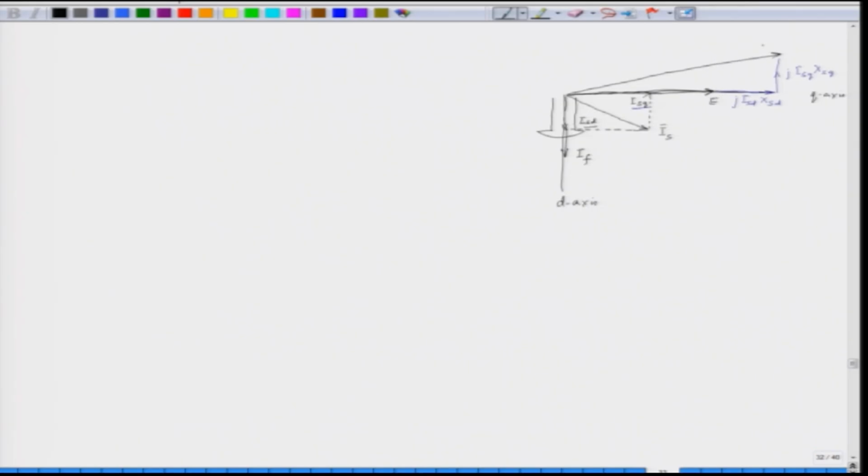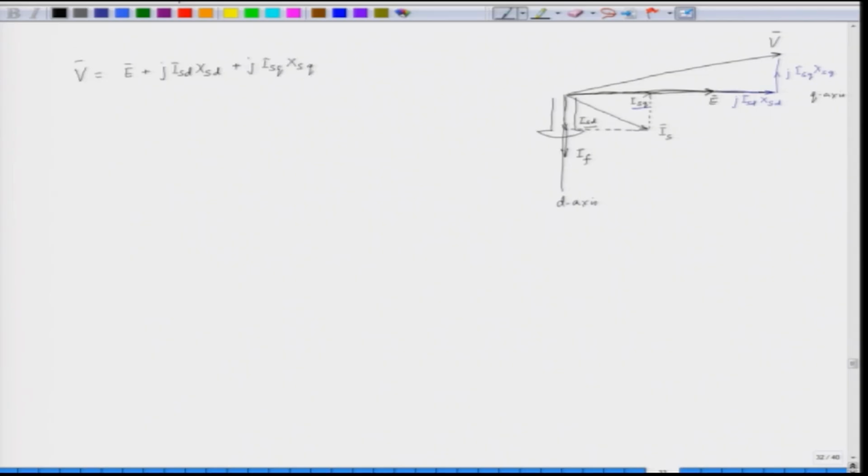So, what is the total voltage V? V is equal to the induced EMF E, which is also a phasor, plus j I s d x s d plus j I s q x s q.